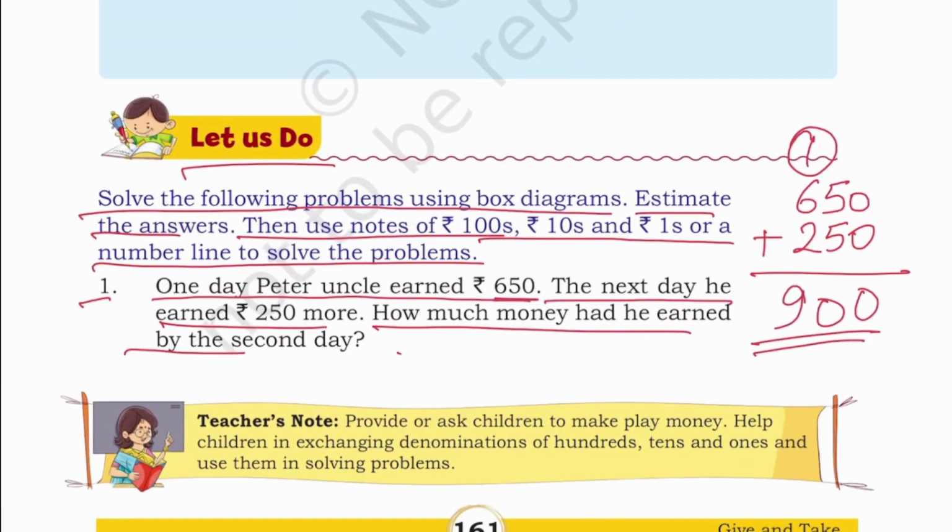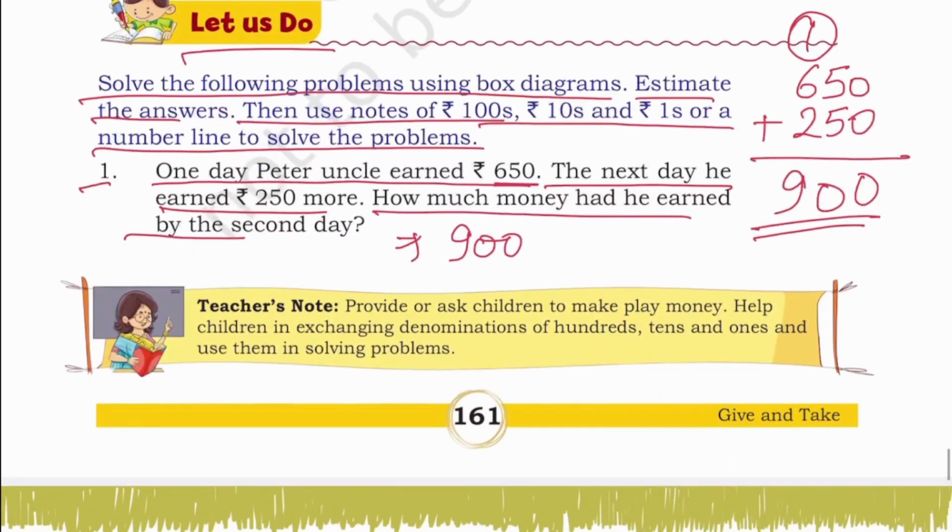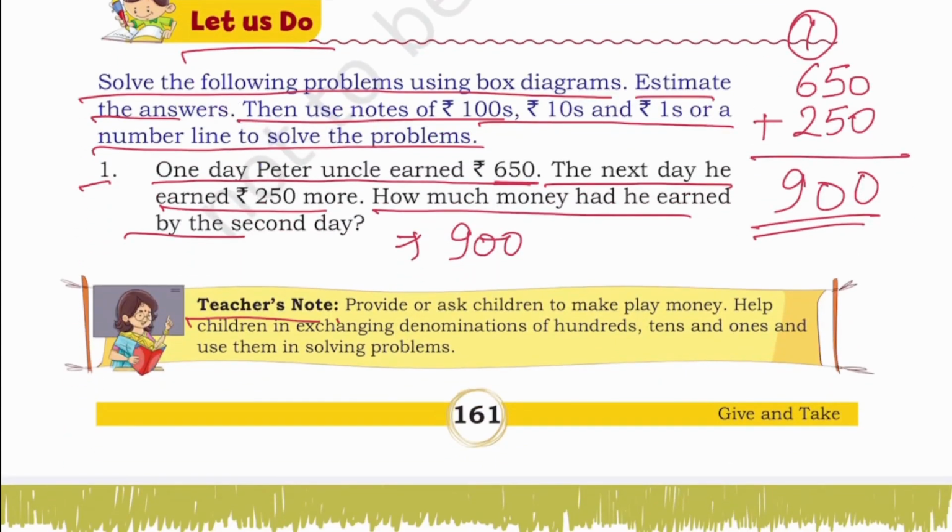That is 900. The answer will be 900. You may solve using notes and coins. Teacher's note: provide or ask children to make play money. Help children in exchanging denominations of hundreds, tens and others, and use them for solving problems.